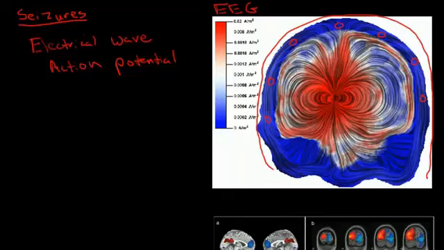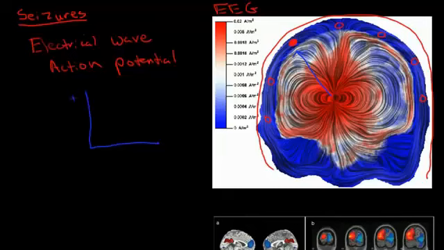So, if we are looking at this electrode here, it is going to be measuring action potentials as they move towards it. Let me change the color of my pen here so you can see it better. Anything that is moving towards it will cause a positive deflection. So this is the picture of the EEG.